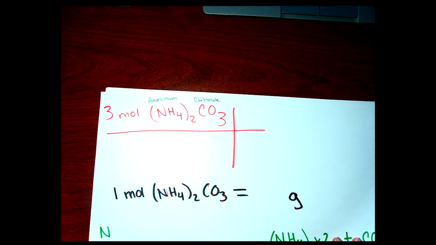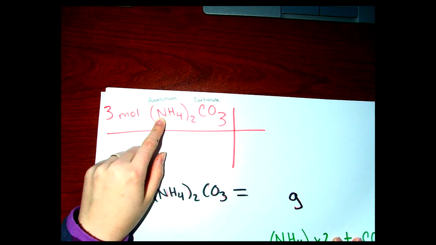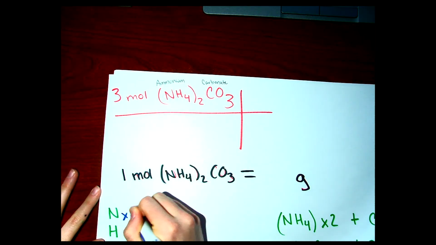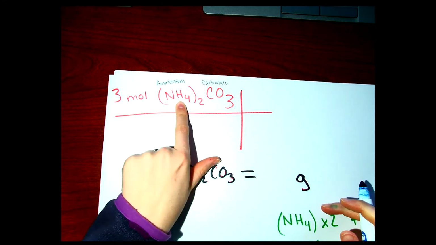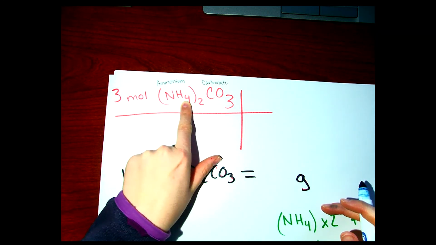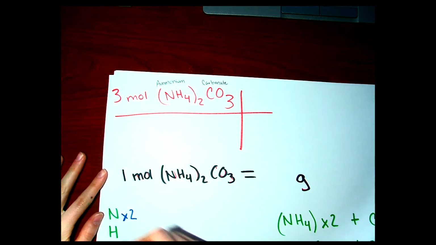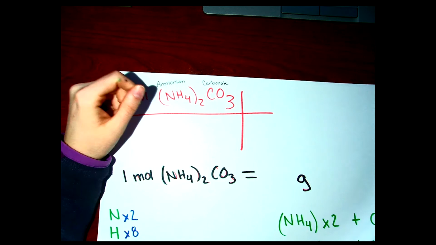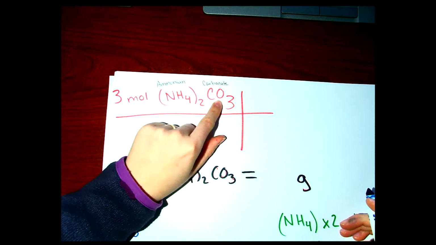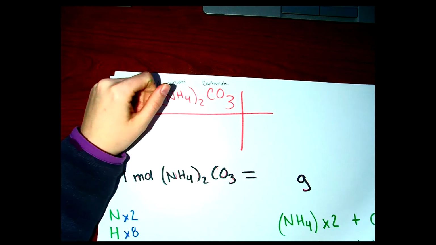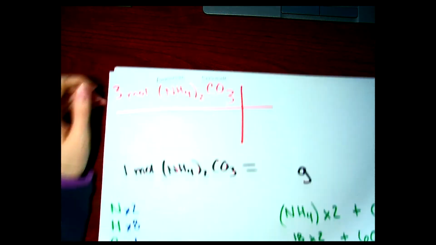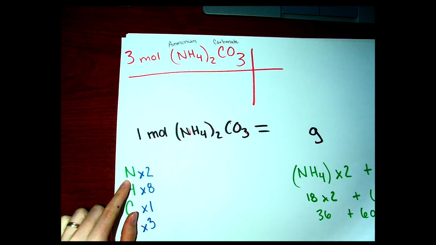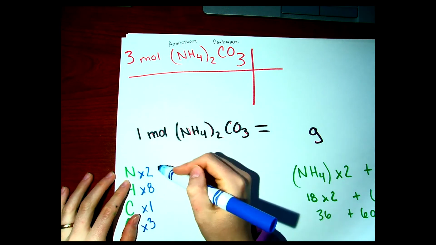So we've got 1 nitrogen, but then it gets multiplied by 2 based on the subscript. We have 4 hydrogens, but they're multiplied by 2, so that becomes 8. There's 1 carbon, and there's 3 oxygen. Now we can use our periodic table to look up the atomic mass, the molar mass. I'm going to use some approximations for this example.